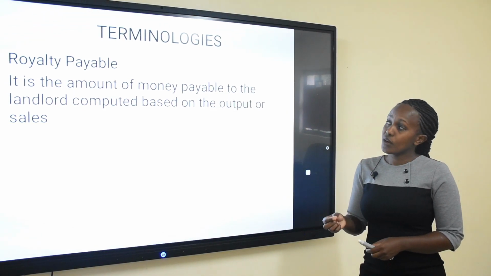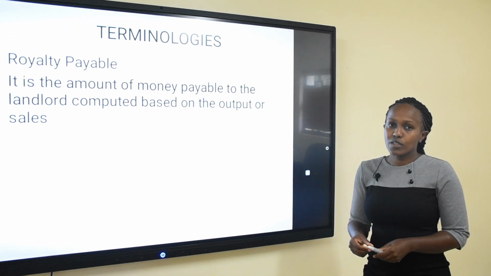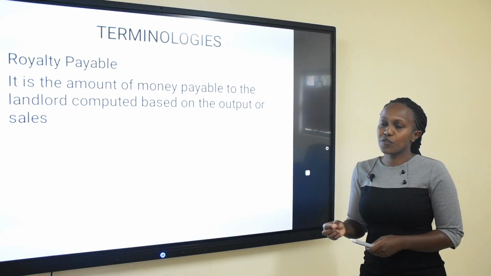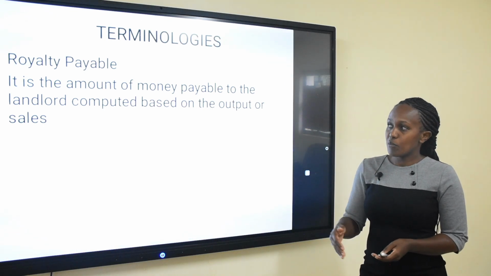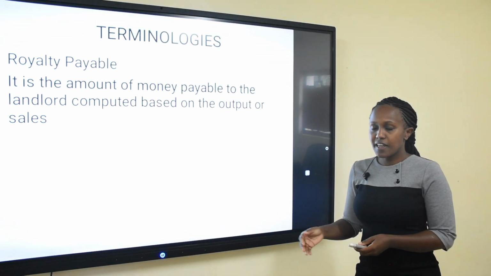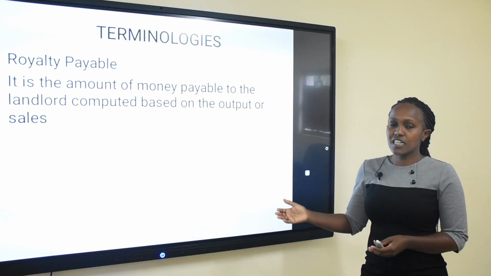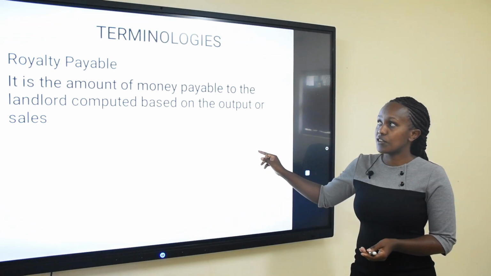So if the tenant goes ahead and mines 50 tons, he has to multiply 50 tons by 100 shillings and therefore pay the landlord 5,000 shillings. That is what we are calling a royalty payable.